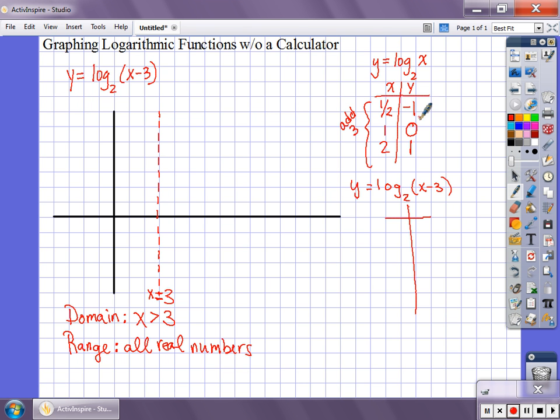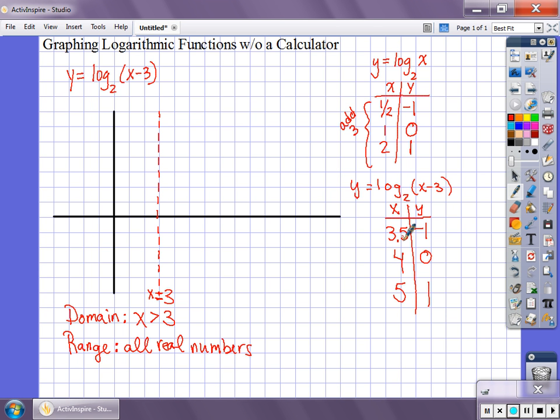The y values are not going to change. They're going to stay as -1, 0, and 1. If we add 3 to 2, that becomes 5. Add 3 to 1, that becomes 4. And add 3 to 1/2, I'm just going to write it as the decimal, 3.5.